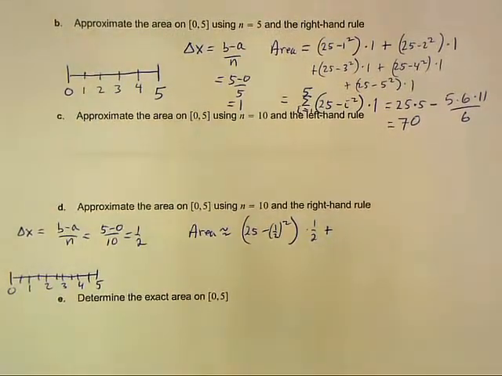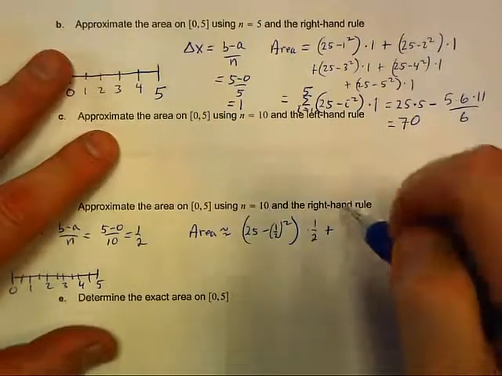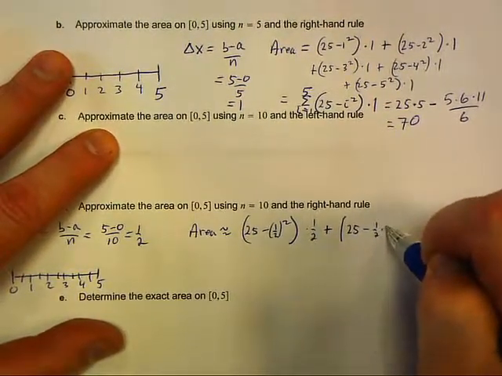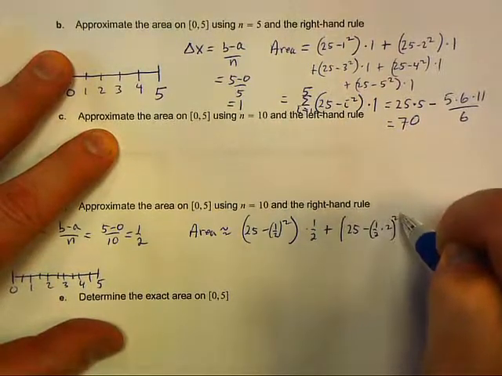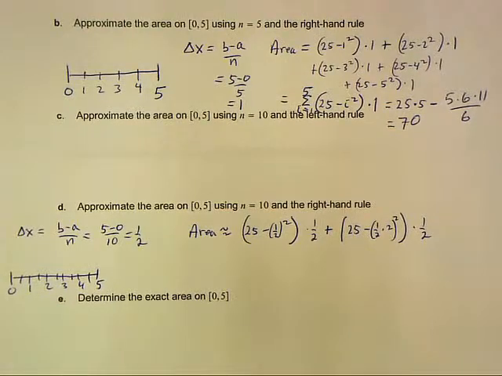Plus, what number do I plug into the second rectangle? 1. But I'm going to write 1 in a funny way. I'm going to write 1 as 1/2 times 2. Very good. So this is going to be 25 minus 1/2 times 2 squared times a half. What number do I plug in for my third rectangle?